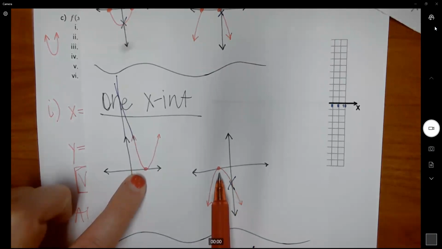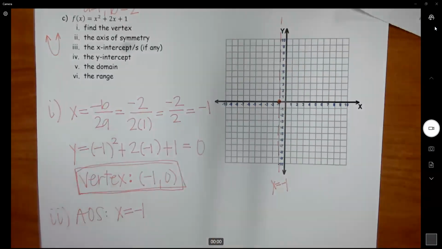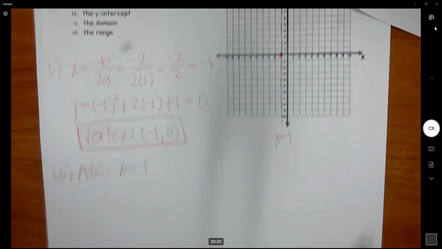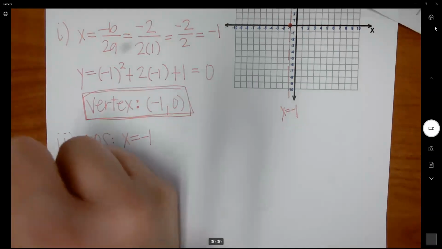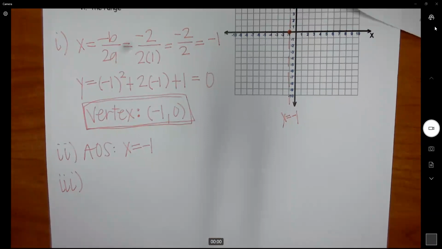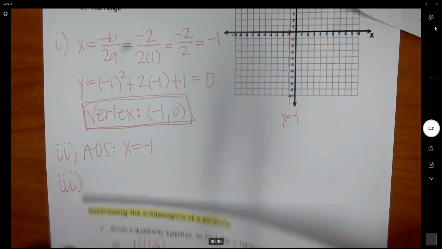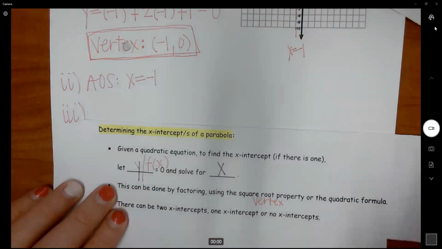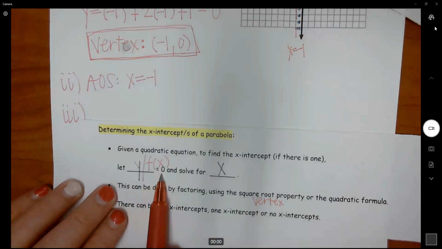So we have 1. Now, again, let's pretend like we don't know that. We don't recognize it. What does that look like when we solve? Okay, well, to find your x-intercept, you need to let y or f of x equal 0 and solve for x.